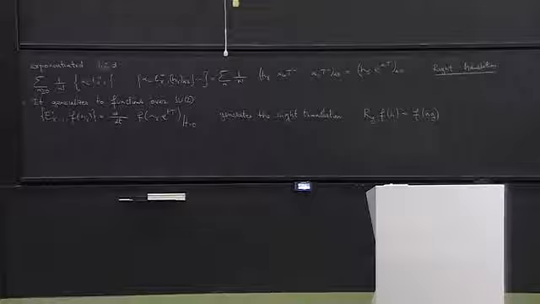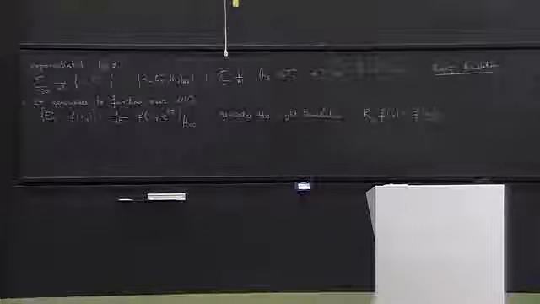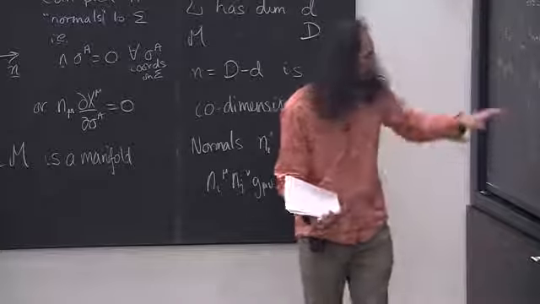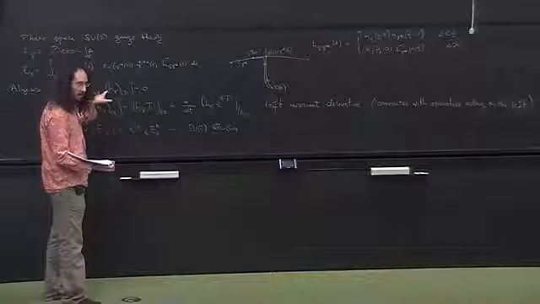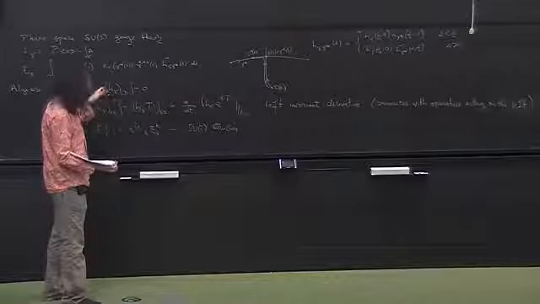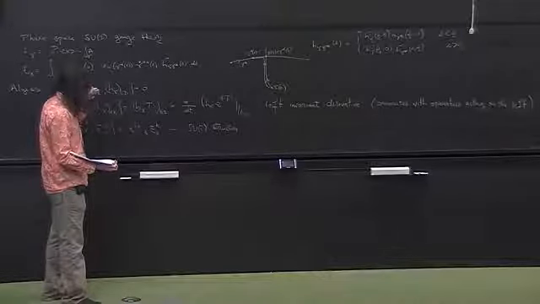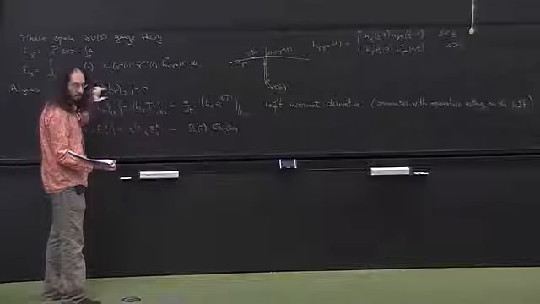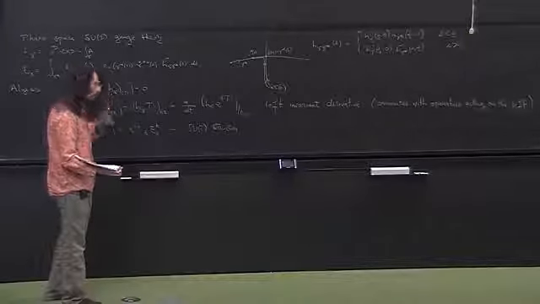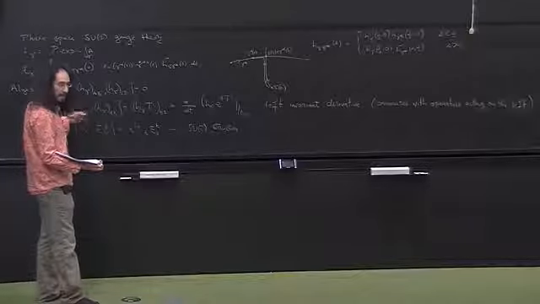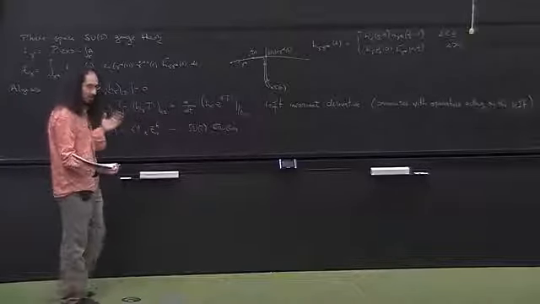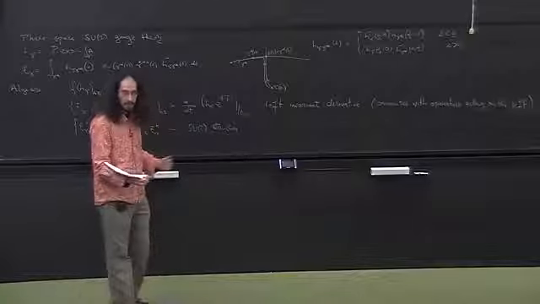Okay, so the situation is that what we want to do is the quantization. And what we have is a set of variables that Poisson commute. So we can use them as operators that will act by multiplication, because multiplication commutes. And then we have those conjugated momenta that act as derivative. So the situation is pretty much like the one you know from quantum mechanics.